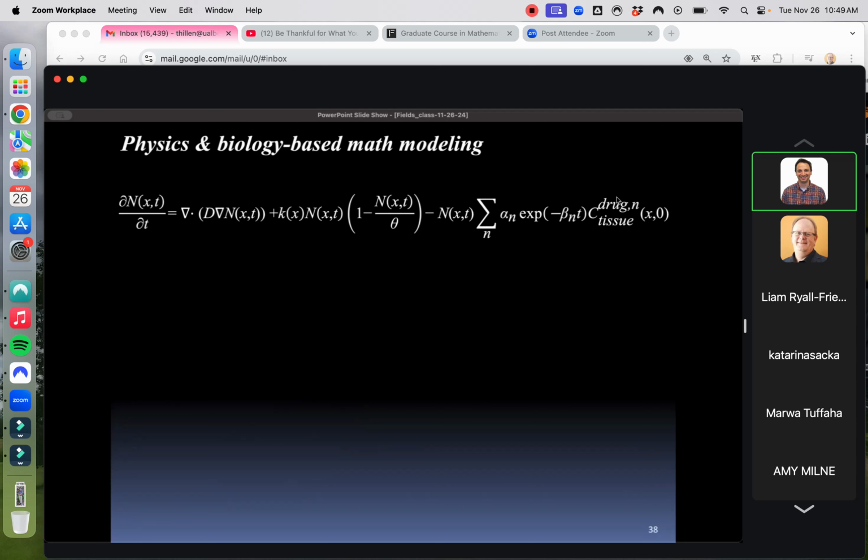In practice, we typically don't have enough data to separate the effects of all of these drugs out, even if there's just 2. So we drop this summation, and this alpha just becomes the efficacy of the treatment rather than an individual drug. At least that's what has to happen for the in vivo case.